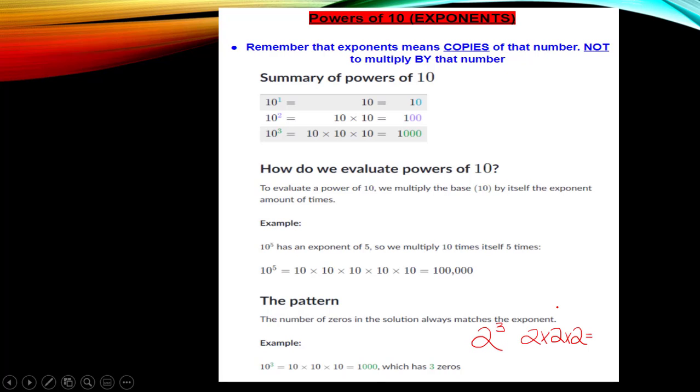Since that is not a 10, we can't just add the zeros at the end. We would have to do 2 times 2 is 4, bring down what we haven't done, and 4 times 2 would be 8. So we get to just do the zeros only when we're dealing with a 10 and an exponent. So let's practice that.